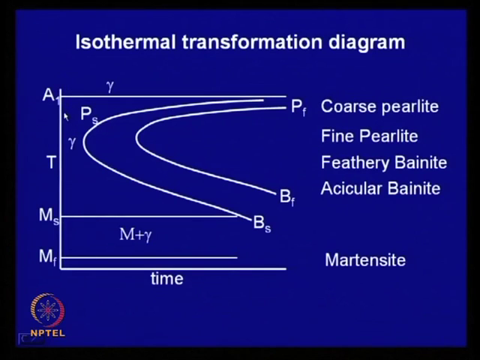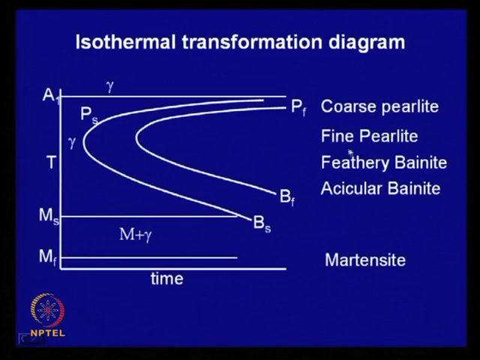If you cool it at different isothermal temperatures, this is the time you have to allow for this transformation to start, and this is the time when the transformation is complete. If you keep the steel at this temperature and allow the transformation to be complete, you will get a coarse pearlite structure. Exactly, it is a lamellar structure, but the spacing is wider, and if you go down to lower temperature, the diffusion distance will be smaller.